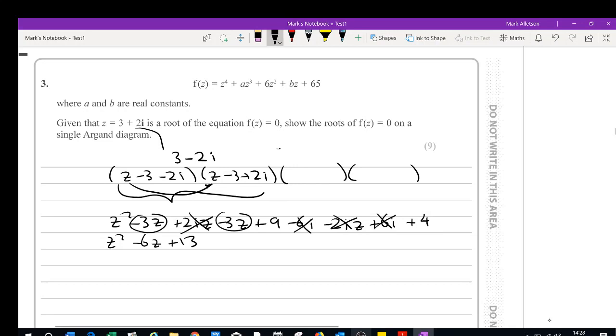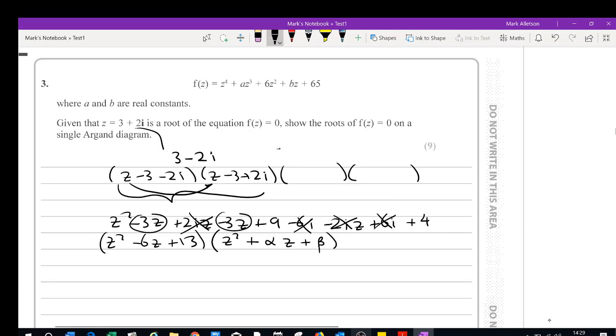Okay, now if we think about what's going to go in there, to get z to the 4 we're going to need a z squared term. So if we think about this times another quadratic, we'll call it z squared, because I know there's no coefficient of z to the 4, so z squared is going to have a 1 coefficient, plus something in the middle, I'll call it alpha z, plus beta.